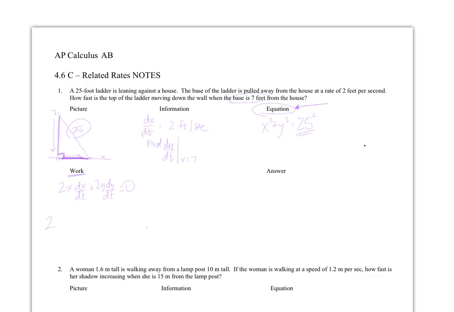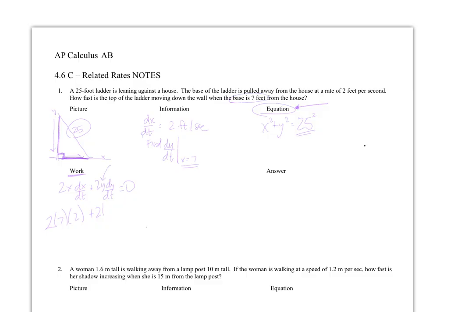Okay, so now let me plug in the things that I know. x equals 7 is right there. dx/dt is 2, that was given, plus 2 times y times dy/dt. Now, do I know the y value?